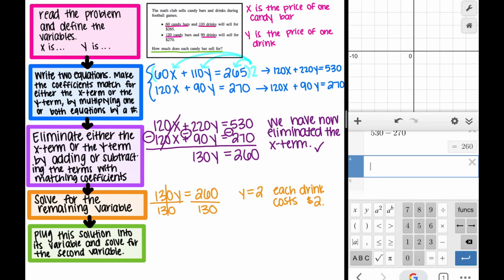We can take either the first equation or the second equation and plug in 2 for the y variable. I will take the first equation and substitute 2 where the y variable is.